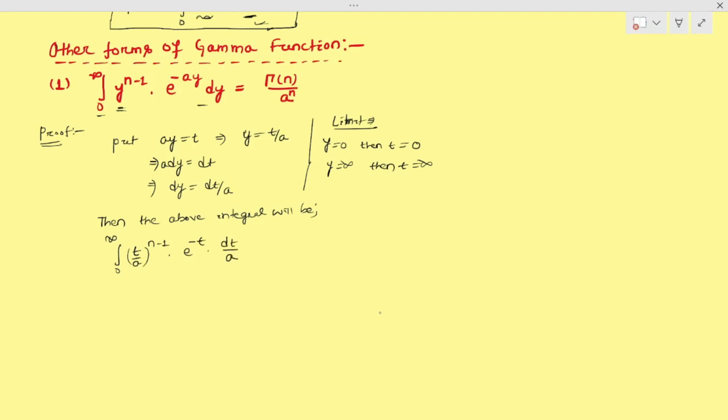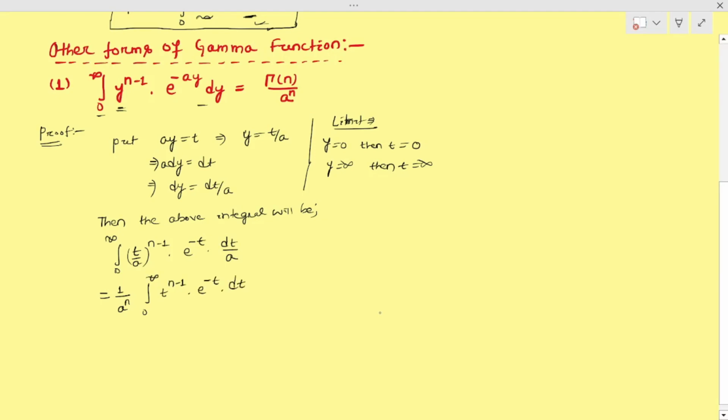Here a is a constant, a to the power n minus 1 times a to the power 1 gives a to the power n, which can be taken outside the integration. So we get 1 by a to the power n, integration from 0 to infinity of t to the power n minus 1 into e to the power minus t dt.